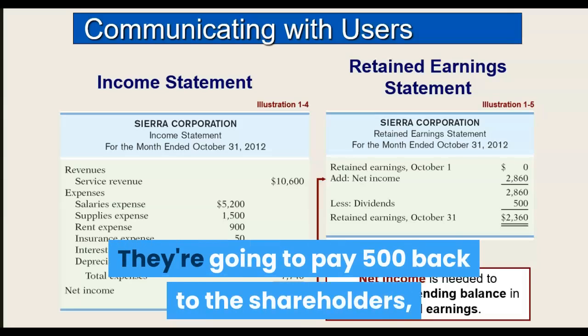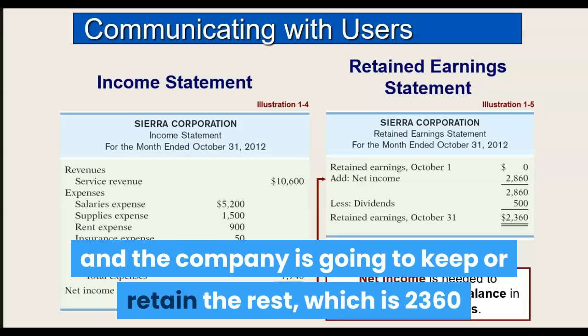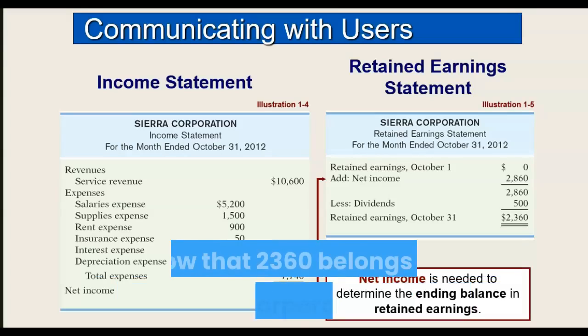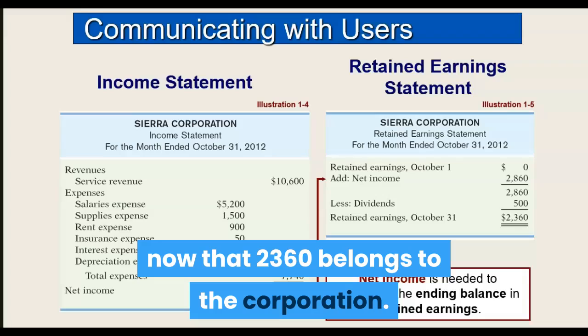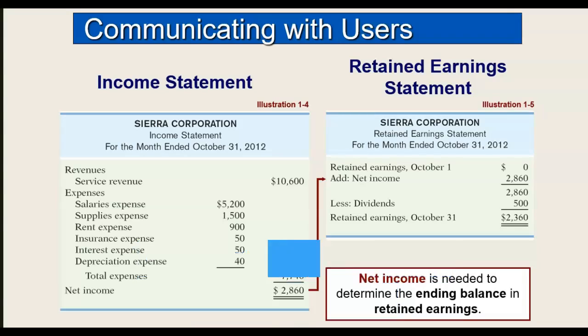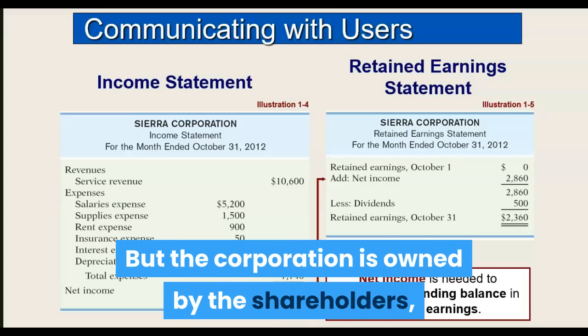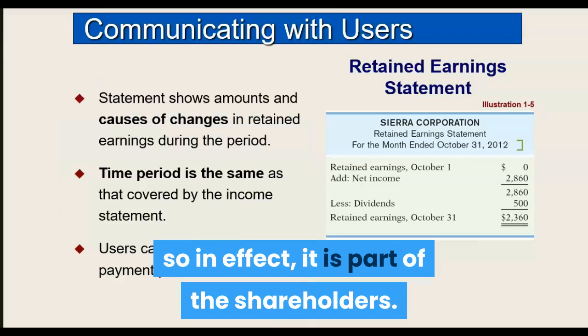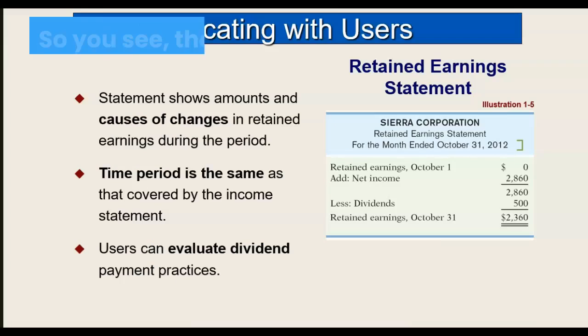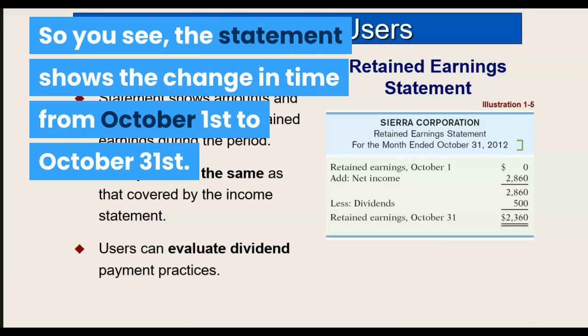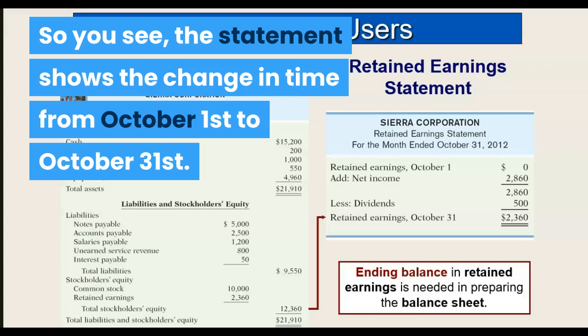They're going to pay $500 back to the shareholders, and the company is going to keep or retain the rest, which is $2,360. Now that $2,360 belongs to the corporation, but the corporation is owned by the shareholders. So in effect, it is part of the shareholders. So you see the statement shows the change in time from October 1st to October 31st.